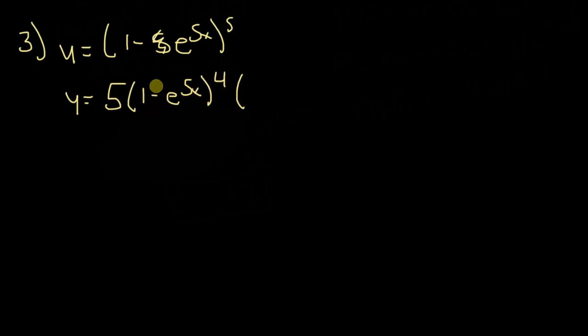Now we're going to take the derivative of the inside. The derivative of 1 is 0, and we're going to subtract the derivative of e to the power of 5x, which is going to be e to the power of 5x. And now we need to take the derivative of the exponent itself, which is just 5.